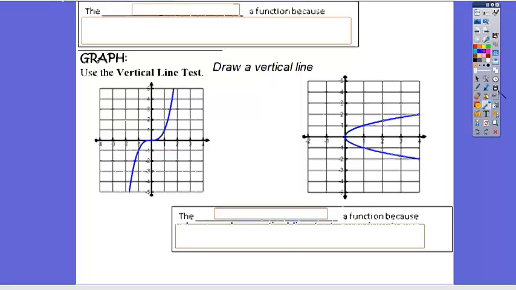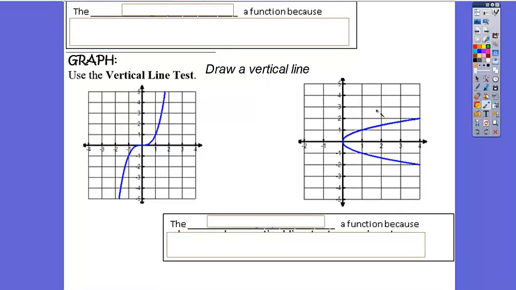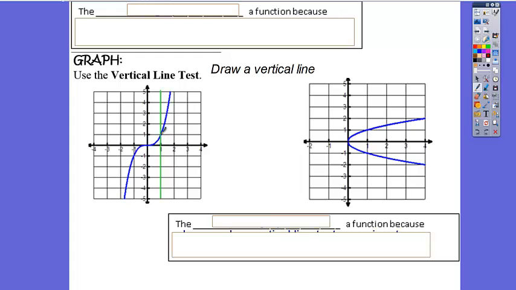If I look at this first graph, I want to decide whether it's a function or not. Your paper tells you it's a function. I know it's a function because y'all should be drawing this with me. When I draw a line right here, when x is 1, I only have this one possible y value. When x is 1, y is only 1.